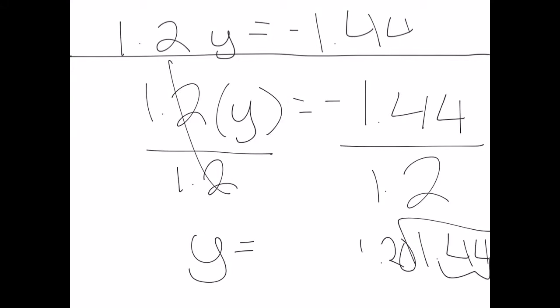So it'll be 120 divided by 144, and you'll end up having 1.2 repeated. And that's how you solve.